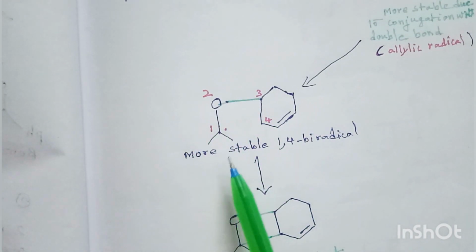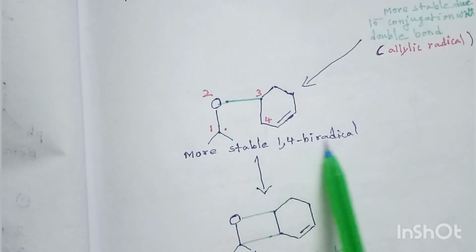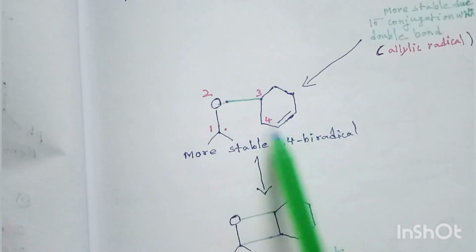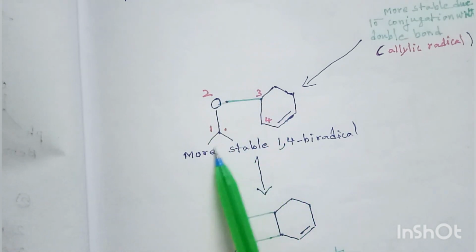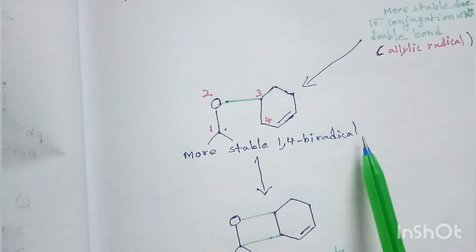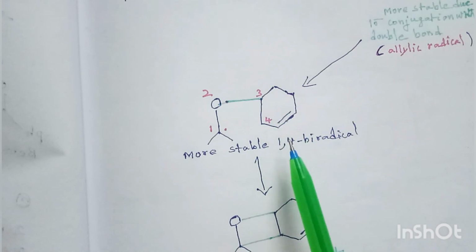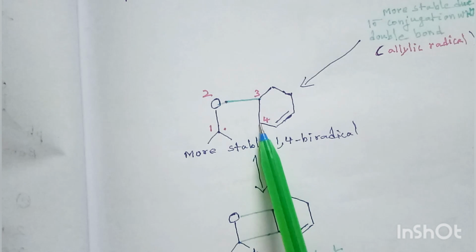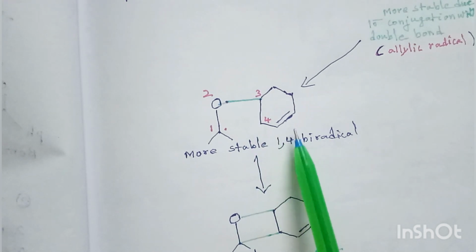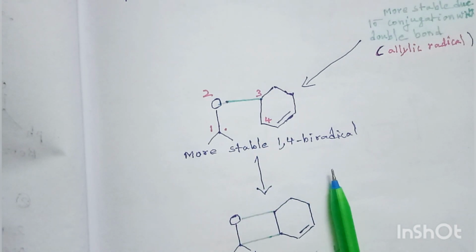As a result of which, we get a more stable 1,4 biradical intermediate. This is 1, 2, 3, 4. This is 1,4 biradical, which is more stable because this fourth radical is an allylic radical and it is very stable, right?